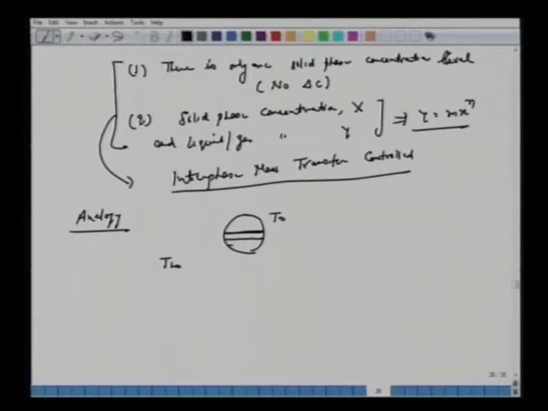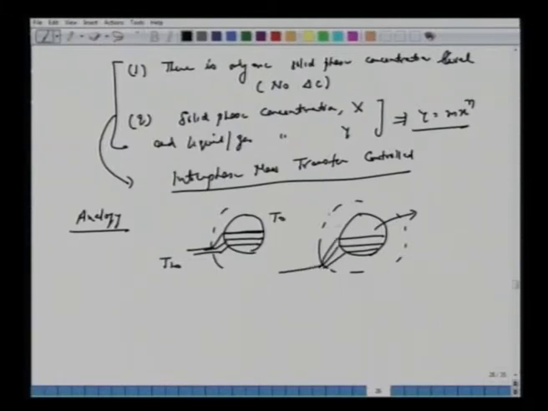The temperature will be uniform inside, and whatever drop occurs will occur across the film. Similarly, a solid surface can also be heated. If it's iron or copper, with very high thermal conductivity, there is one temperature, and all temperature gradients appear only in the film transfer in the liquid. This is the same analogy we are making for solid adsorption. So that's our physical understanding. Now we can set up some calculations.